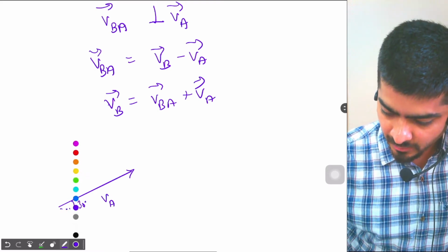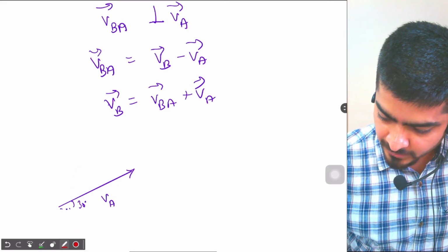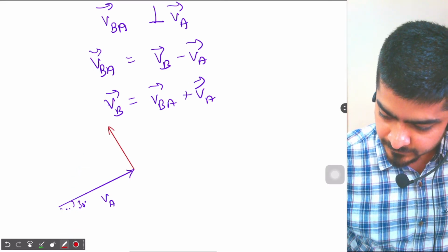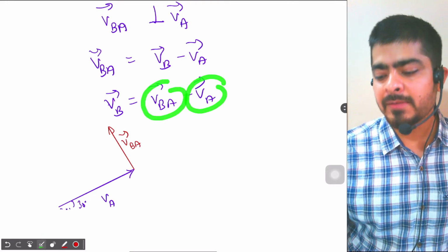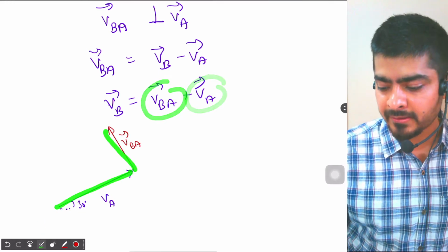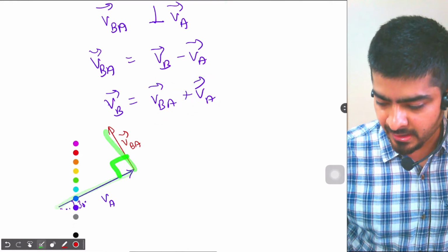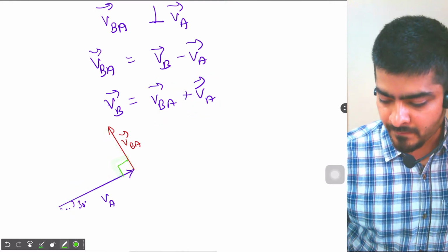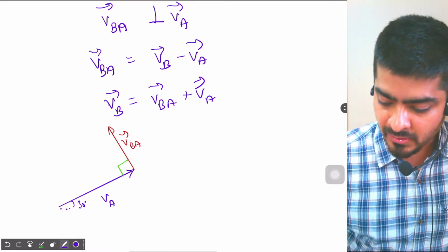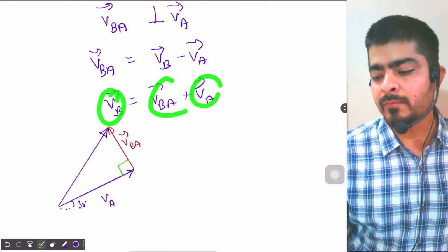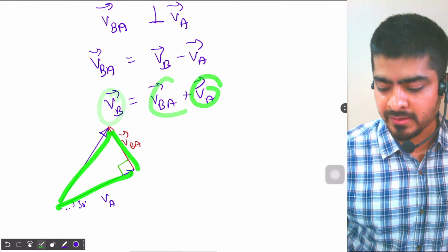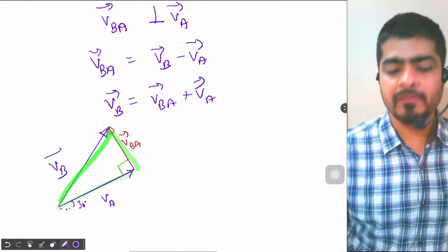Then I have the V of B with respect to A vector. This is the VBA vector, right? VA vector plus VBA vector, and the angle between them is 90 degrees. I'll draw the angle over here, 90. Okay, this will give you the velocity vector of B, VB vector equal to the sum of these two. So this plus this gives you the velocity of B.